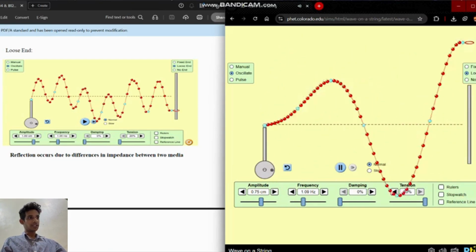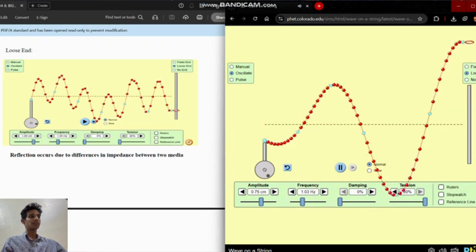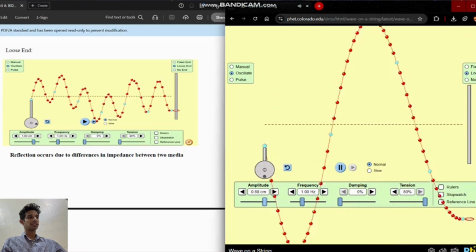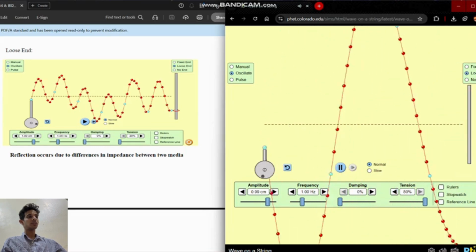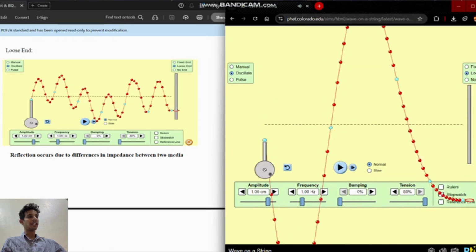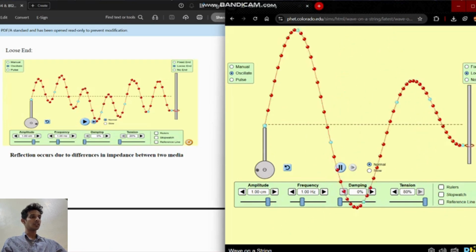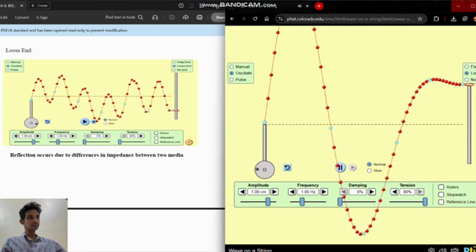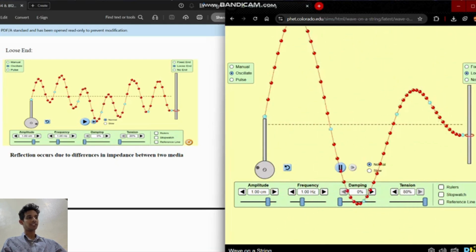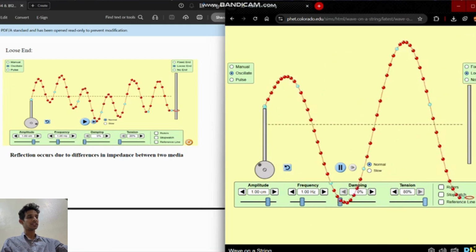It means at the loose end, the boundary is free to move. The reflected wave is not inverted, as you can see here. There is no phase change. The end moves with the wave, so it does not reverse direction. With no boundary, there is no reflection, as you can see here.